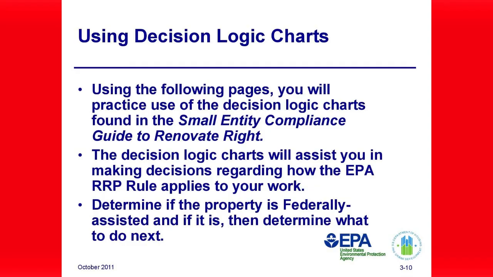Using the following pages, you will practice use of the decision logic charts found in the Small Entity Compliance Guide to Renovate Right. The decision logic charts will assist you in making decisions regarding how the EPA RRP rule applies to your work. Determine if the property is federally assisted, and if it is, then determine what to do next.